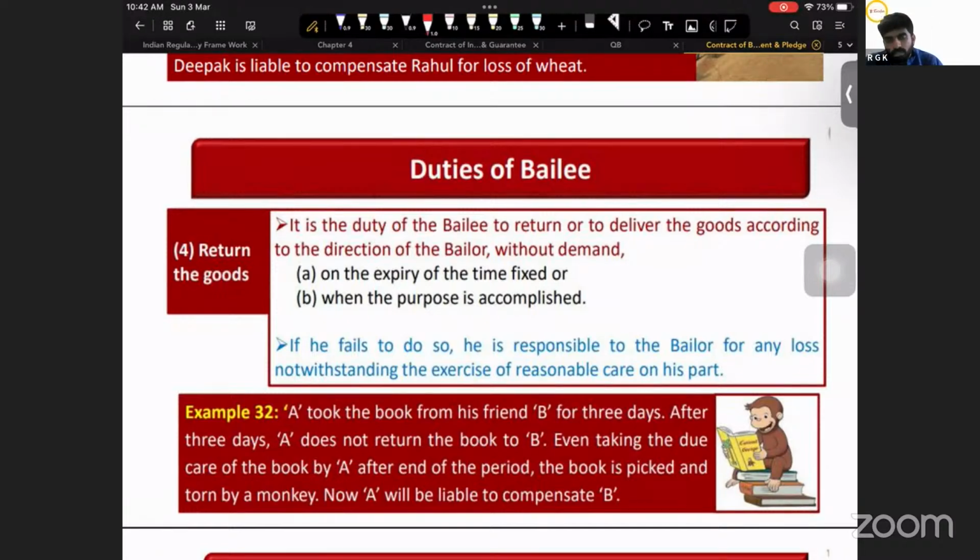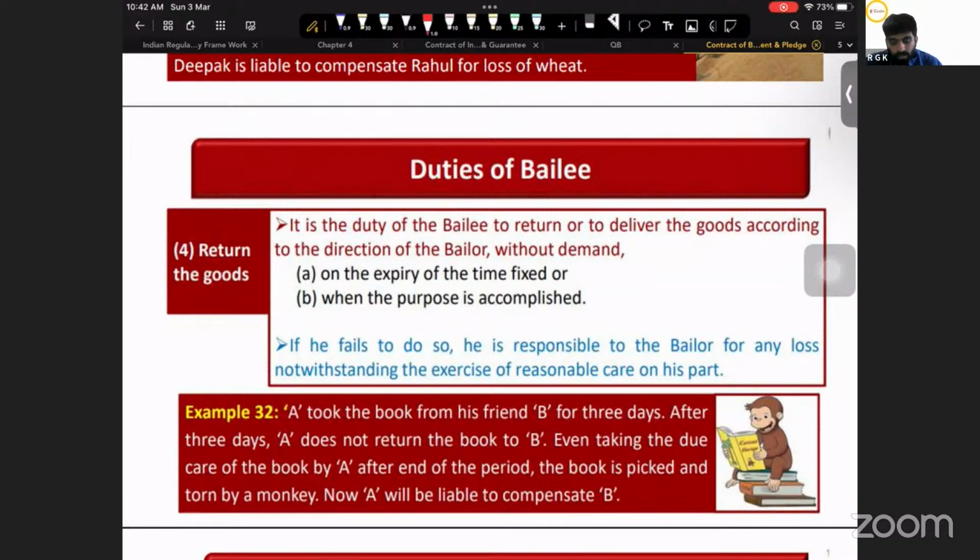Now, even though he has taken reasonable care, since he has not returned the goods within the time prescribed, he will be liable to compensate you for the loss of the umbrella.